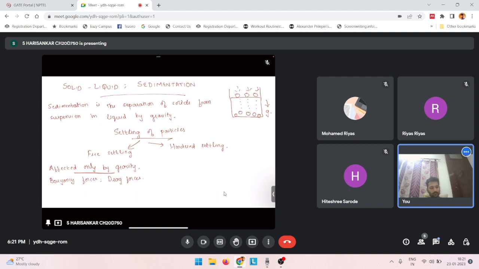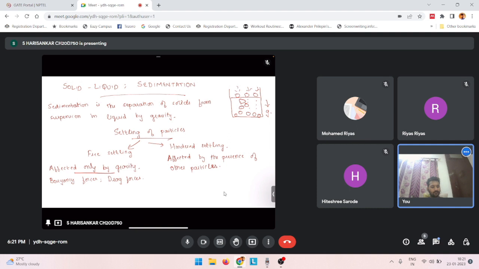For example, this can be affected by the presence of other particles. In the same sugar in water example, if you put too much sugar in the water, one sugar crystal may affect the settling of the sugar crystal on top of it.